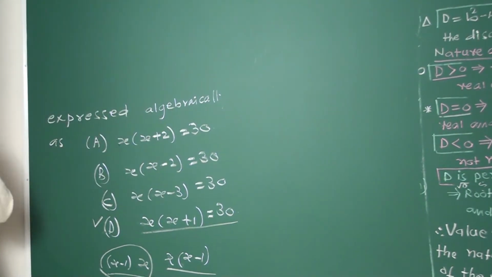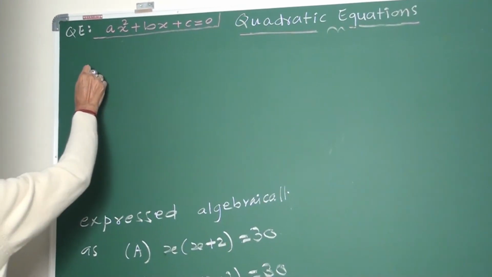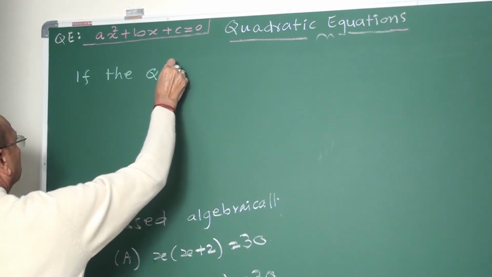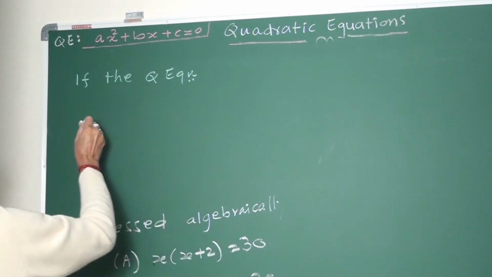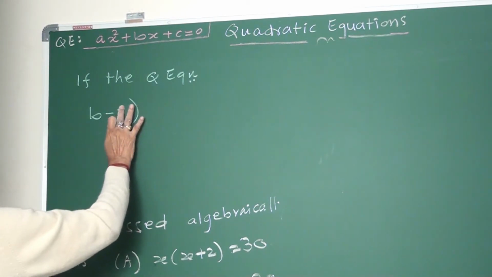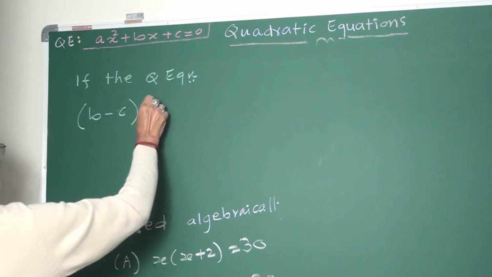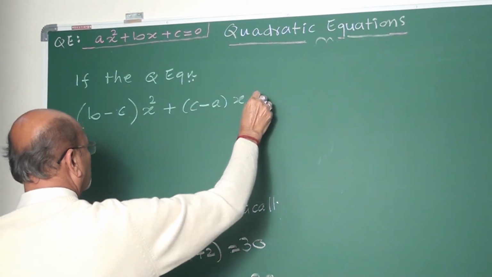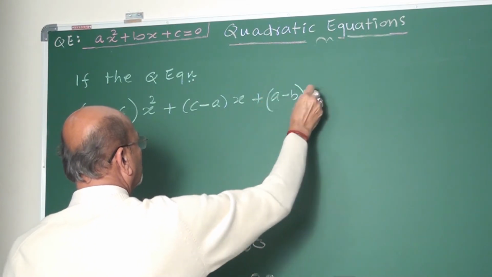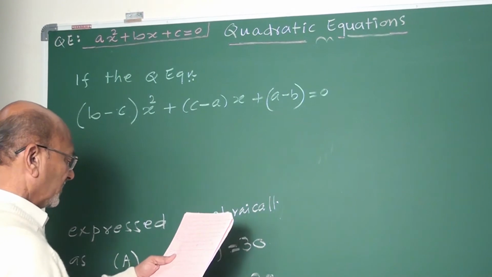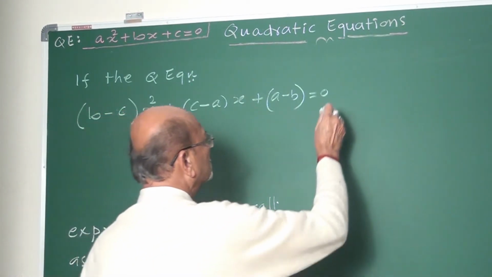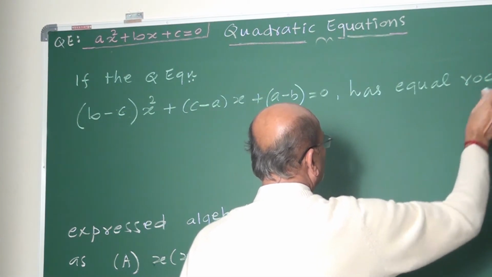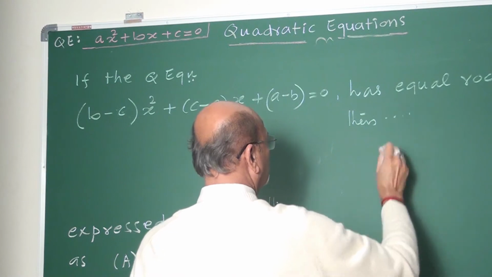Yes, friends. First question is, if the quadratic equation (b minus c) into x square plus (c minus a) into x plus (a minus b) equal to 0 has equal roots, then they may give 4 options, but sometimes they give what?